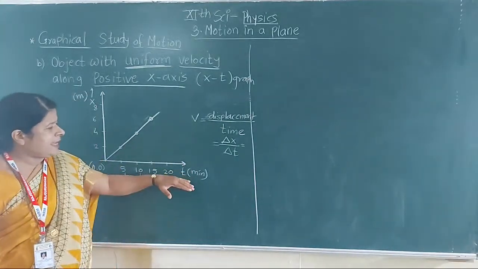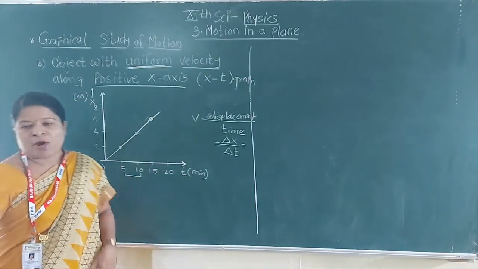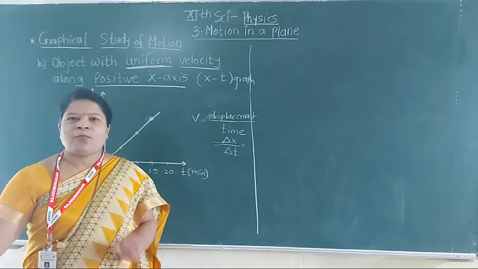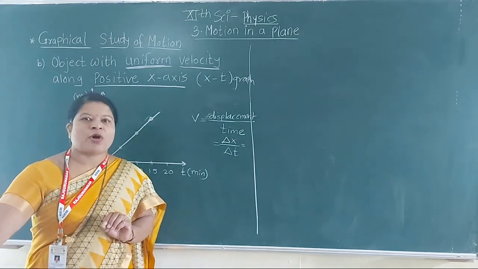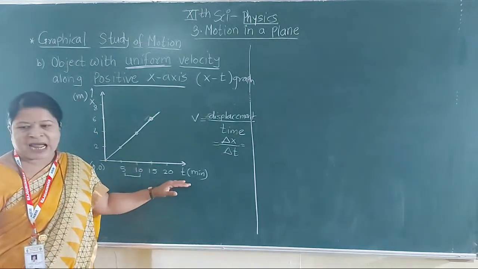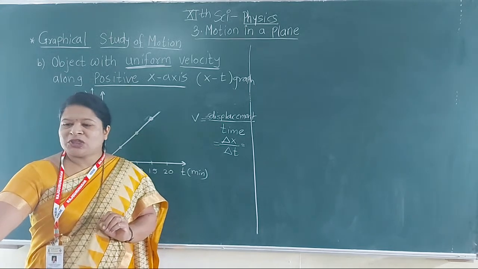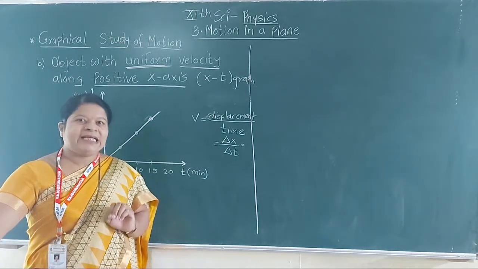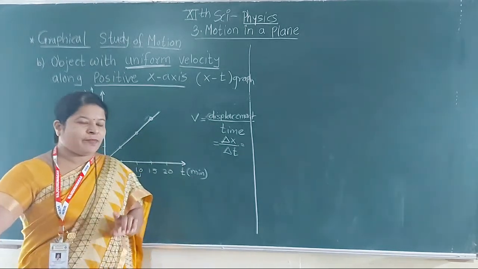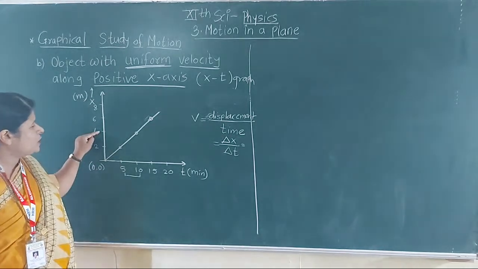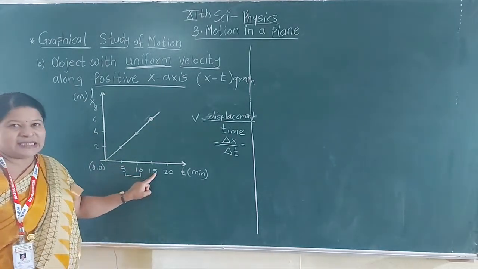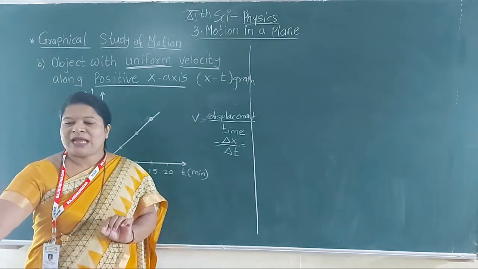In this xt graph, we get uniform velocity, and there are some important points to remember from this graph. First point, when the particle moves, the position of the particle changes with respect to time.